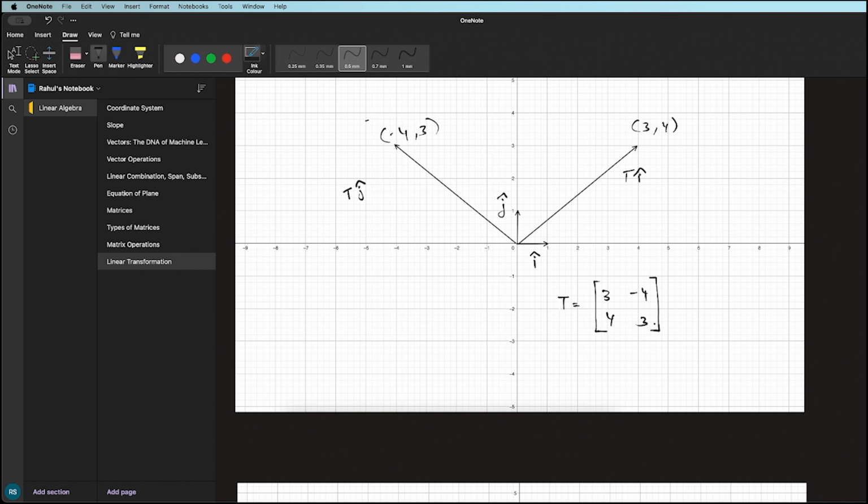Now using the transformation matrix, we can transform any vector, and there can be any transformation matrix.